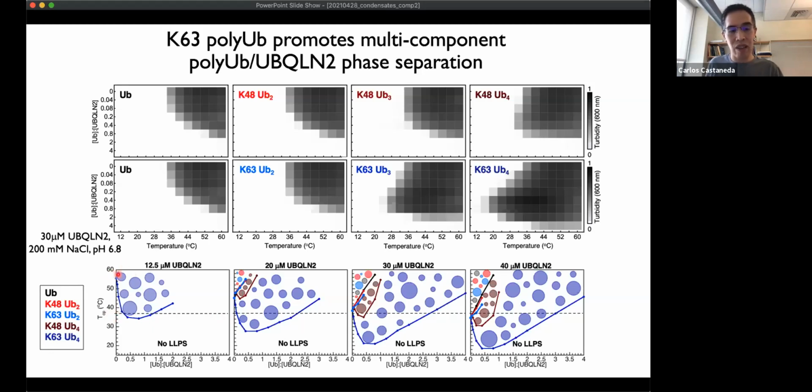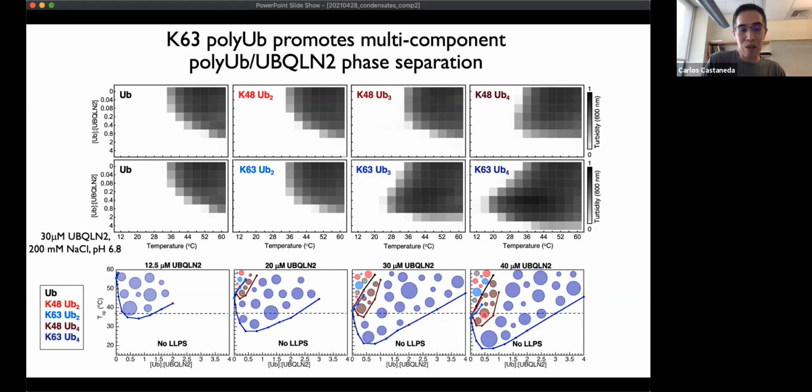You don't see that for K48. You can start to see K48 show up in these plots, but by and large, K63 is really driving this phase behavior over a much wider range than K48 tetraubiquitin is.